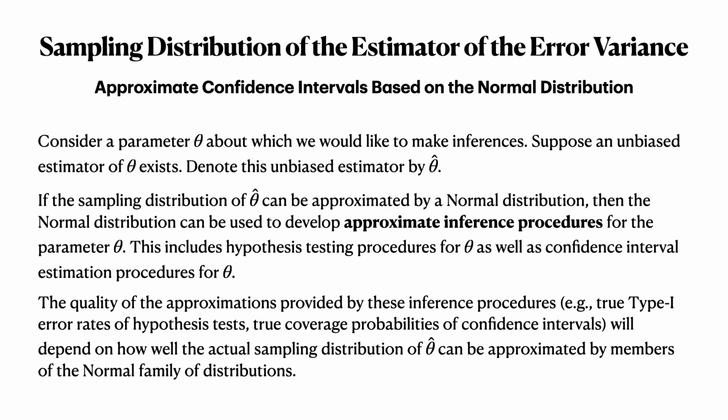The quality of the approximations provided by these inference procedures, for example, the true type 1 error rates of the hypothesis tests and true coverage probabilities of confidence intervals, will depend on how well the actual sampling distribution of theta hat can be approximated by members of the normal family of distributions.